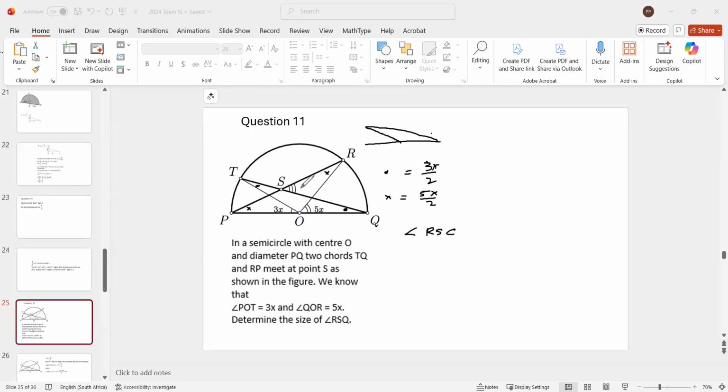angle RSQ, that's the exterior angle of this triangle here. Start from R, go right through, come to PQ, come back to this, and you will see that this becomes the exterior angle. And so this exterior angle is equal to cross plus dot.